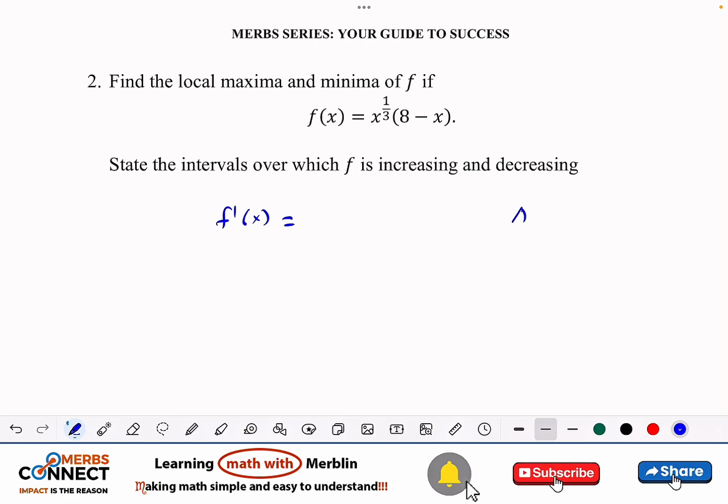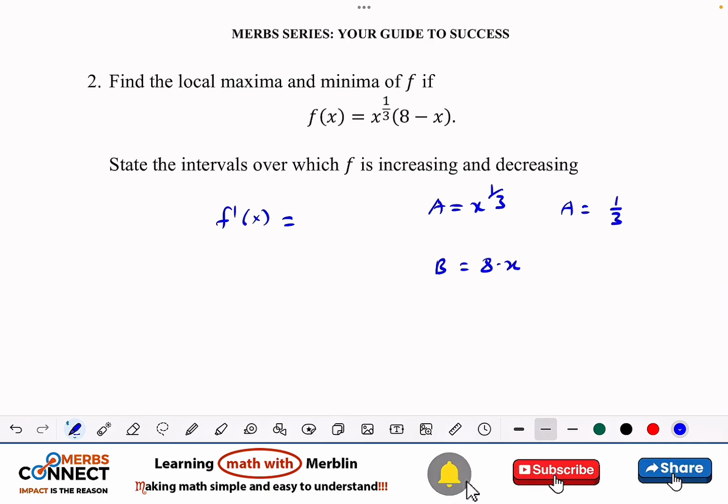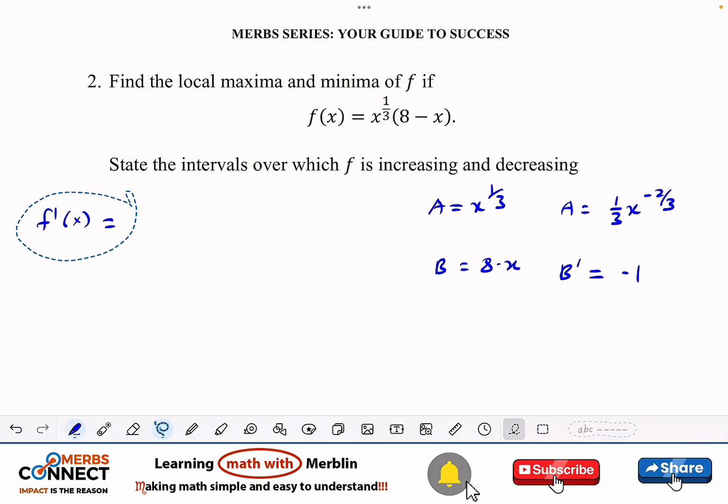So let me assign a to x to the power 1/3 and b to 8 minus x. When I differentiate a, what am I going to get? So a prime is going to be 1/3 x to the power 1/3 minus 1, which is going to give us -2/3. And then when I differentiate b, I'm going to have -1. So derivatives are very, very important in our math journey.